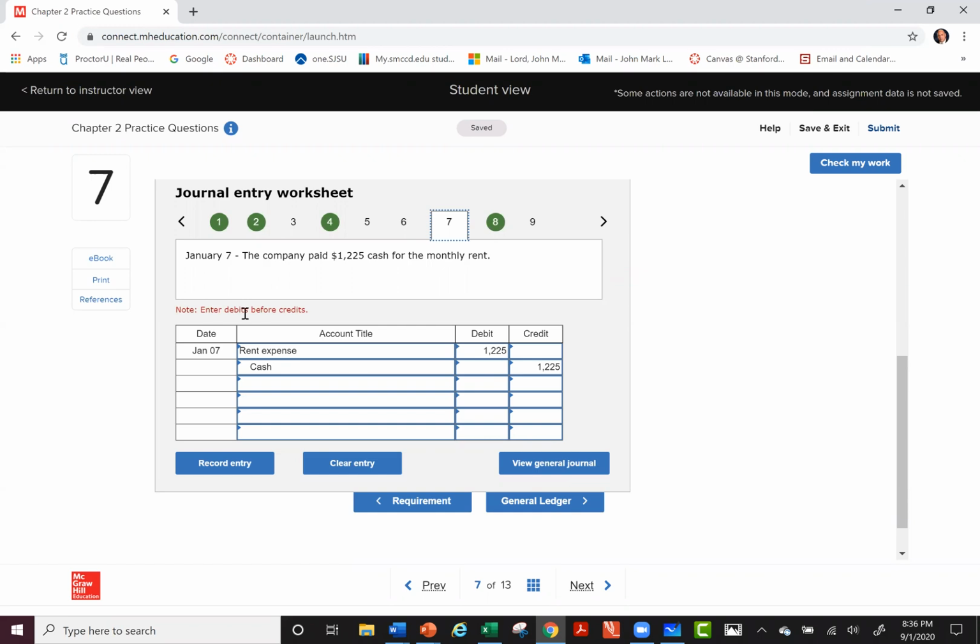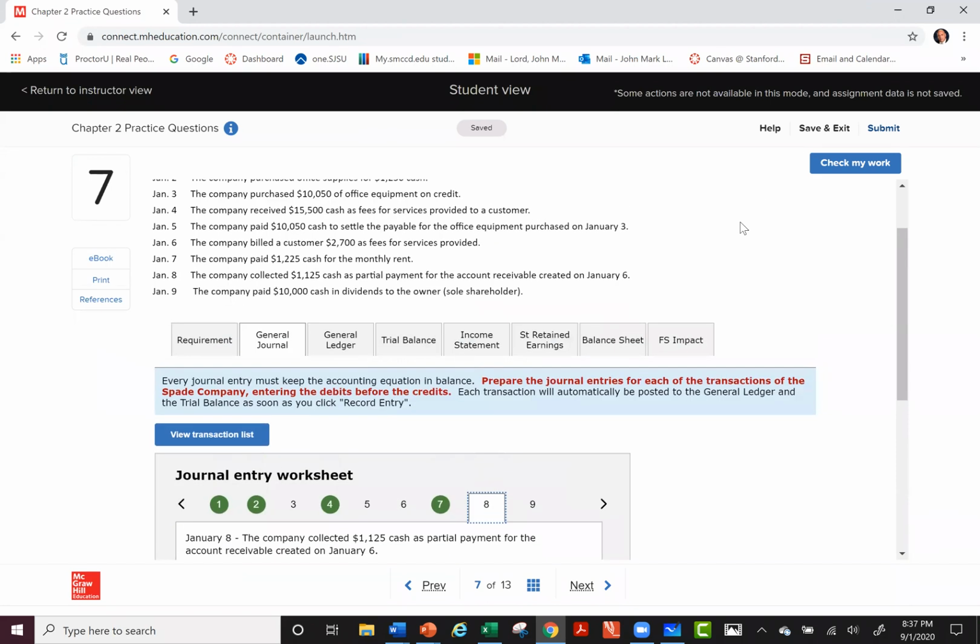You don't have to enter debits before credits. If you think of the credit first, write that down, and then you can do the other thing. Did I record the entry? I think so. Now I hope I didn't record that twice. Anyway, this is losing steam here. My income statement now is going to show what?